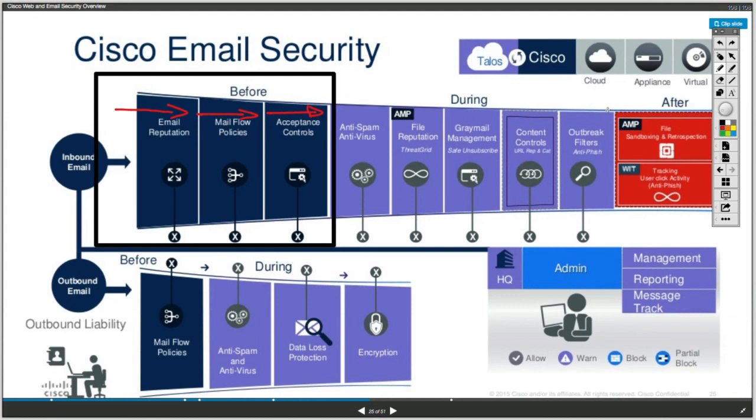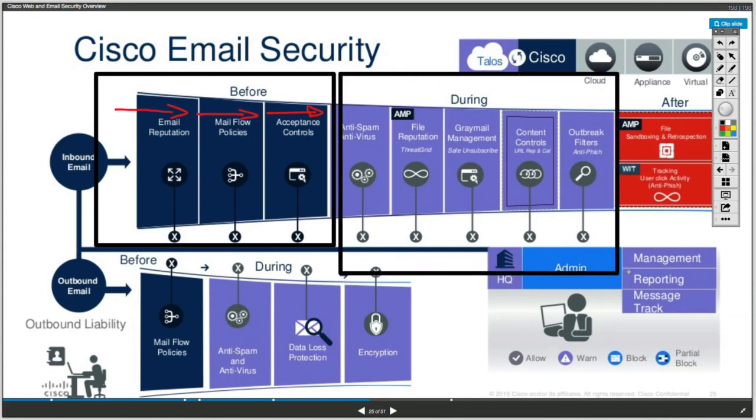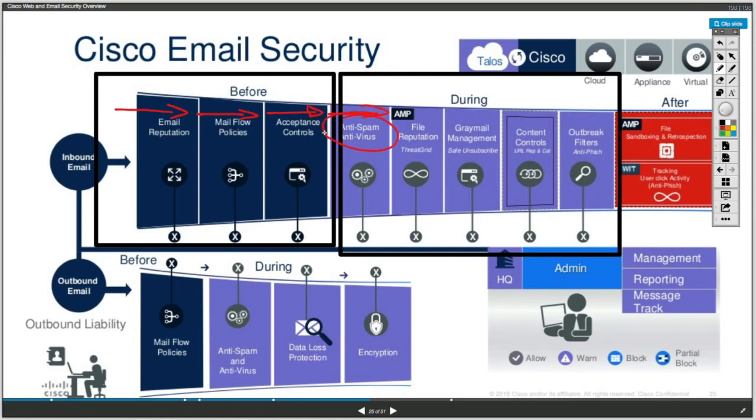If mail was allowed, then in the during phase, we're going to scan the content with antivirus engines. If it's a virus, we're going to drop the content. We're going to quarantine the whole mail, or only the attachment, or we can remove the attachment and still forward the email.